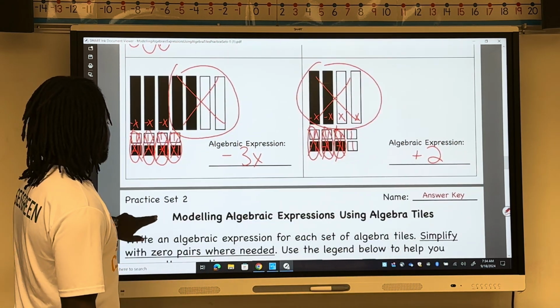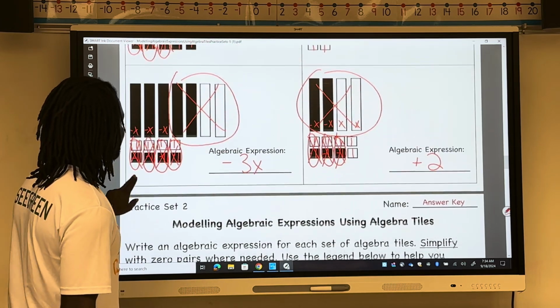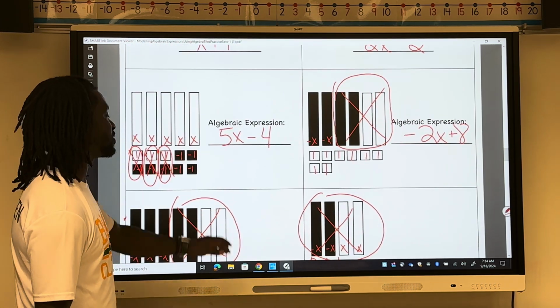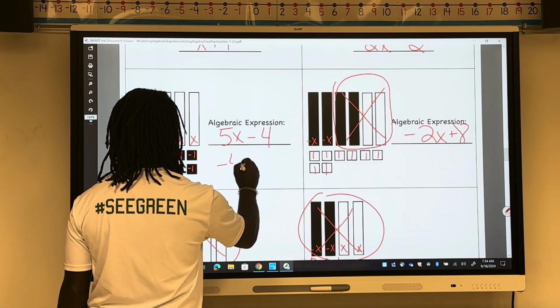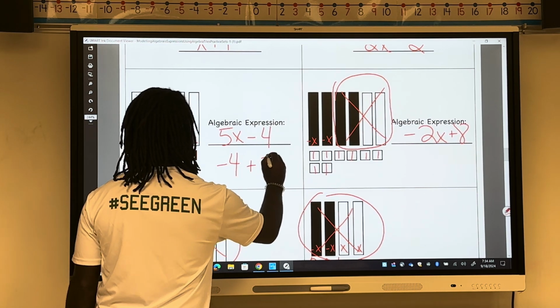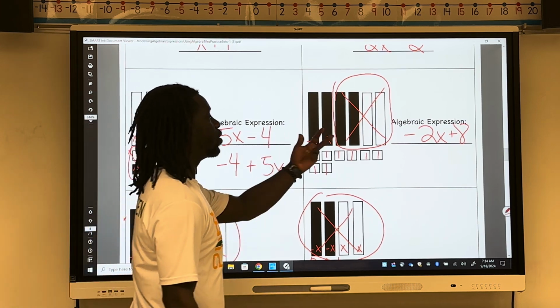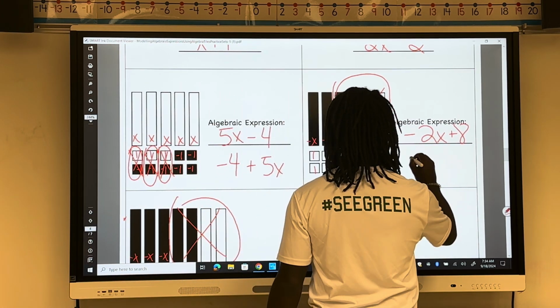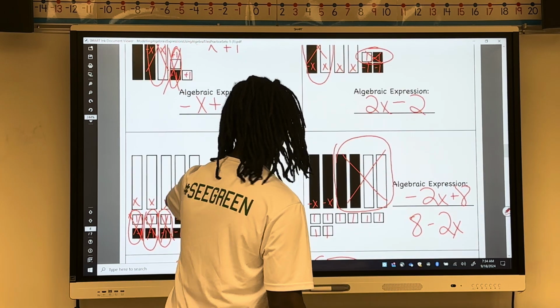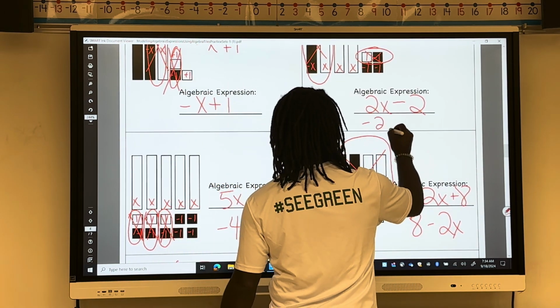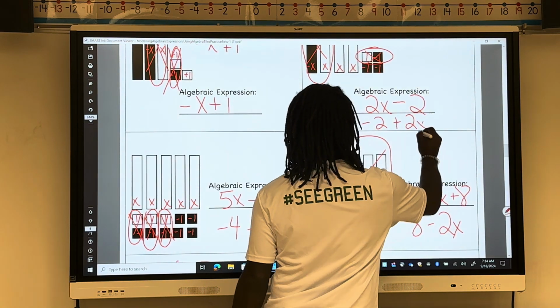And so again, I forgot to mention this when I was going through this. I need you to also understand that I could have written this negative 4 plus 5x, all right? Or I could have written this 8 minus 2x, okay? Or I could have also written this negative 2 plus 2x.